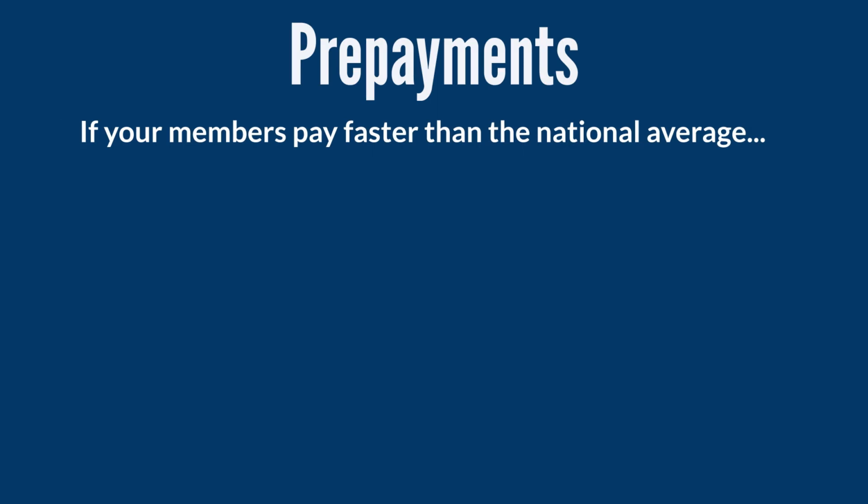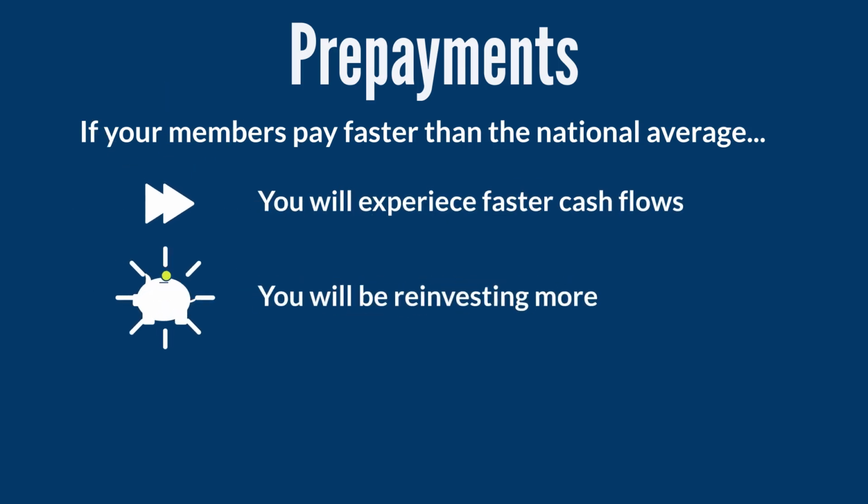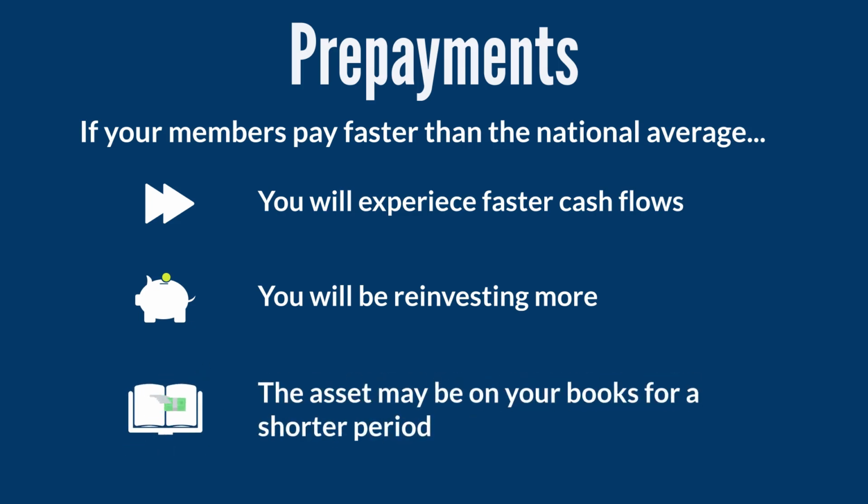For example, if your members tend to pay faster than the national average, the model will understate your projected cash flows. You will be reinvesting at a faster pace than the model, and it may reflect a longer average life than what you actually hold on the asset. All of this can result in an incorrect valuation on the asset.